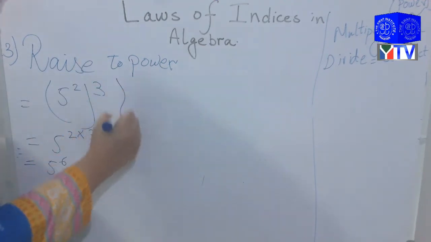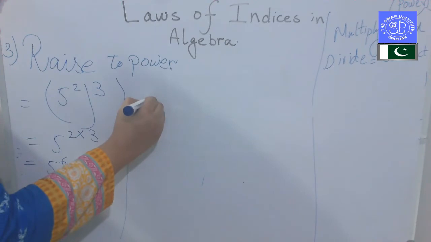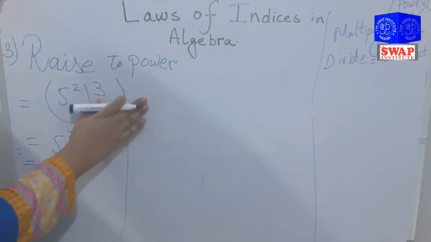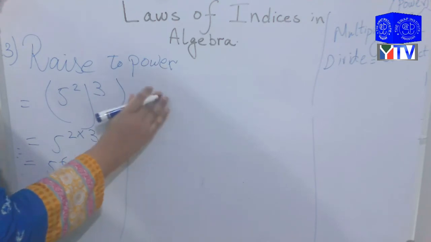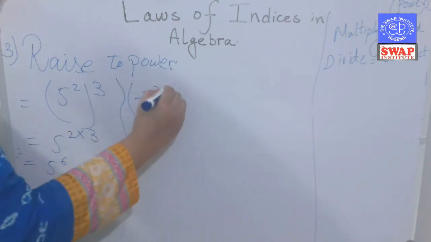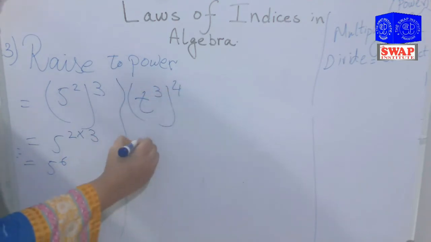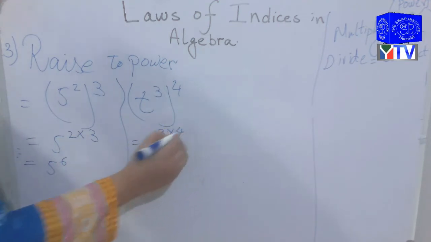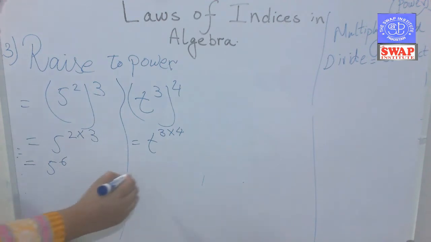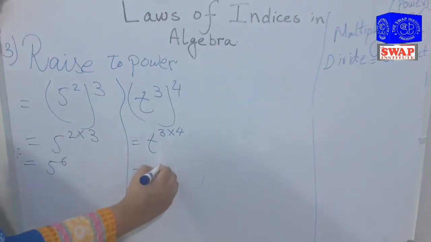The same thing, if I change 5 into an alphabet, like t raised to power 3 and a whole cube, it will be t raised to 3 multiplied by 4. So 4 times 3 is 12.